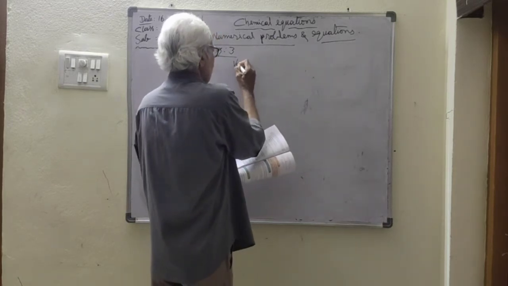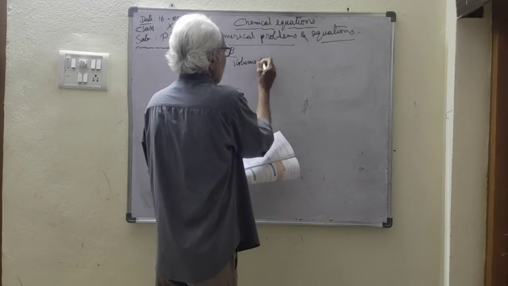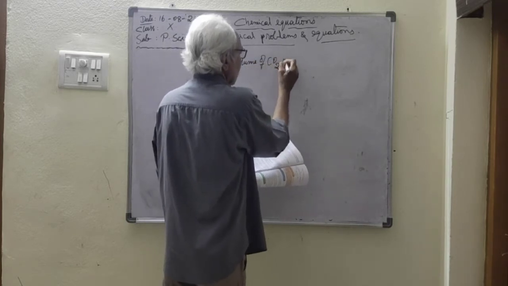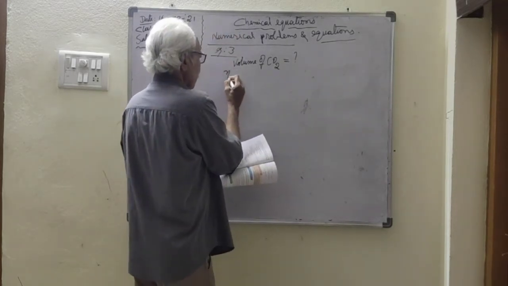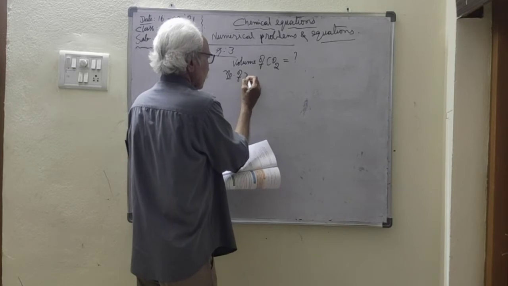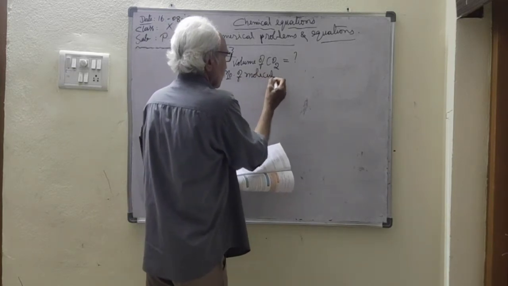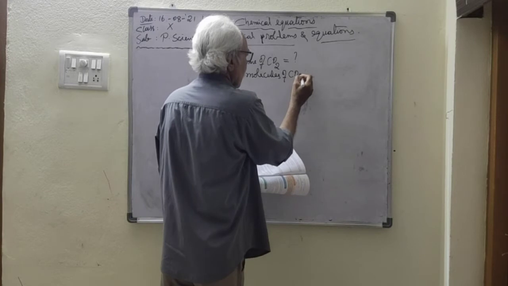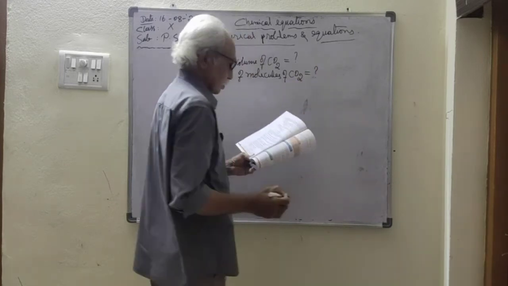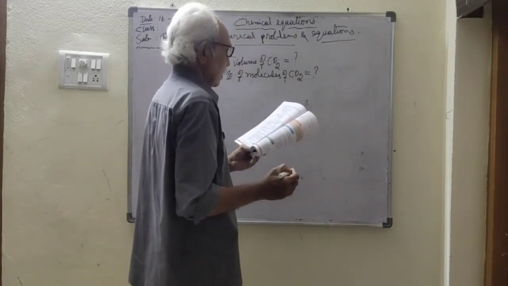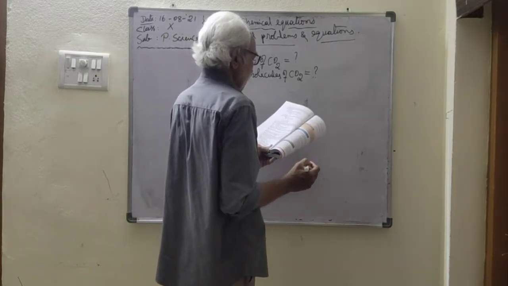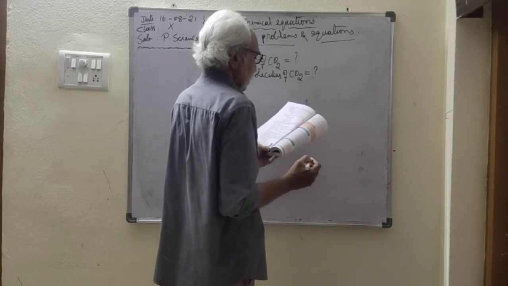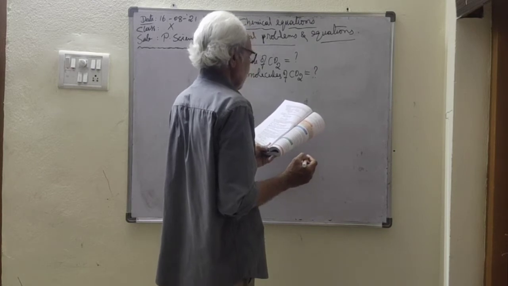So, volume of carbon dioxide, question mark. Number of molecules of carbon dioxide, this also you have to find out, liberated at STP. If 50 gram calcium carbonate is treated with hydrochloric acid, which contains 7.3 grams dissolved HCl gas.